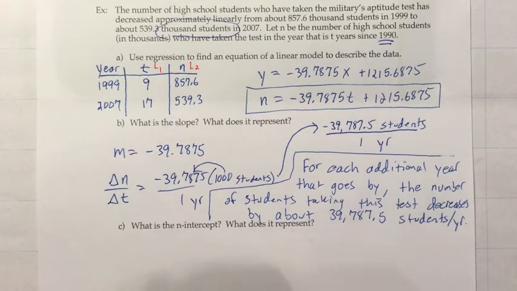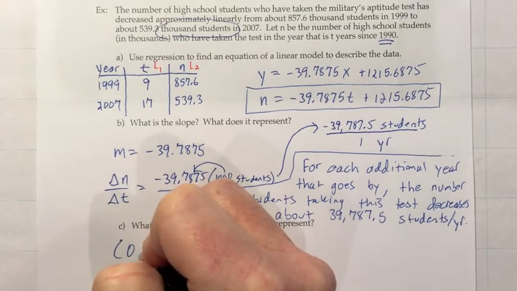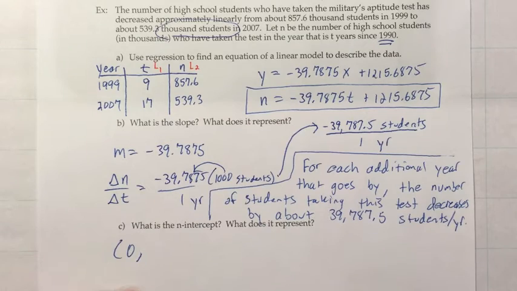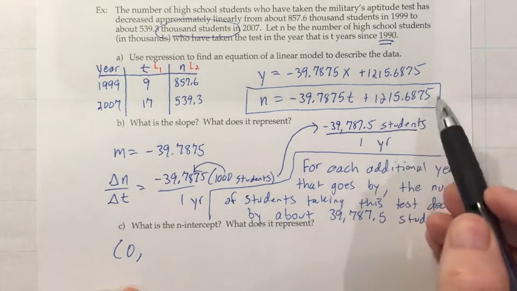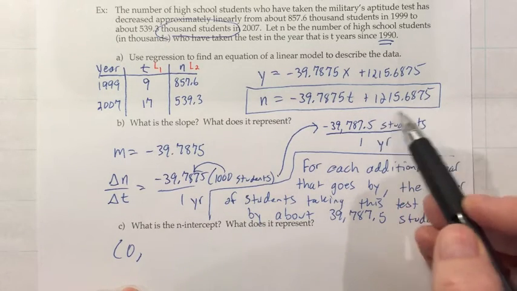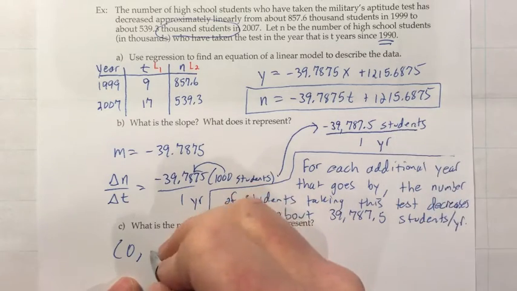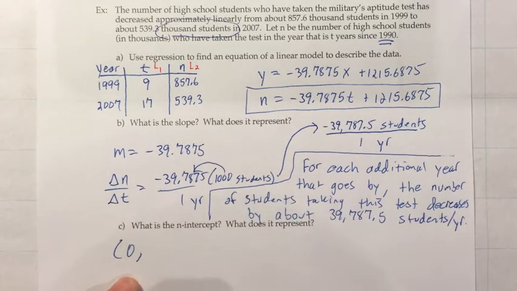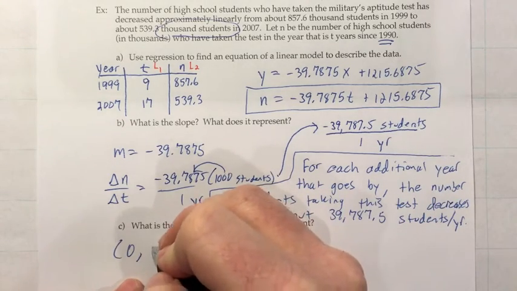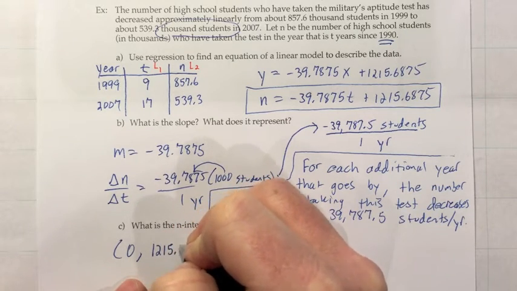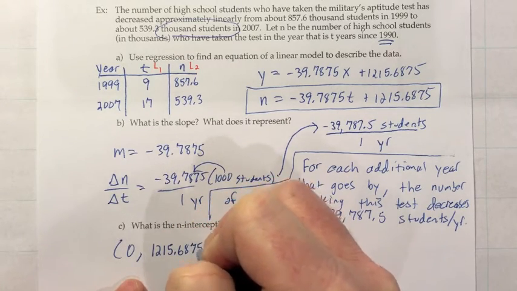So the n-intercept is always 0, something, when we have an equation in slope-intercept form, which is what regression gives us. Then this number right here would be the y-coordinate of the y-intercept, in this case the n-intercept because that's our output variable. So 0, 1215.6875.